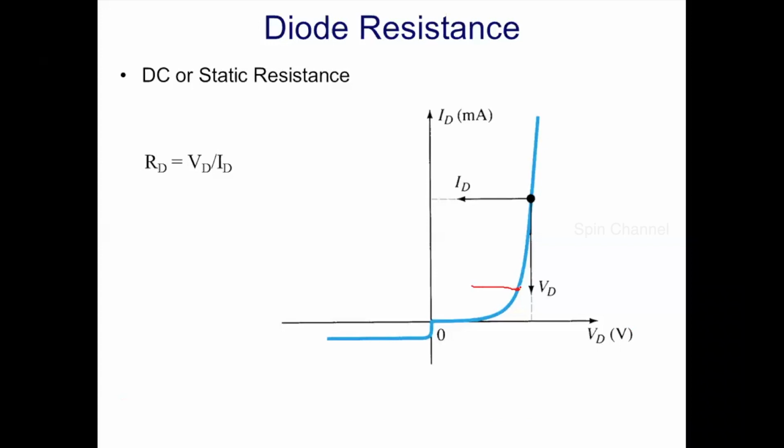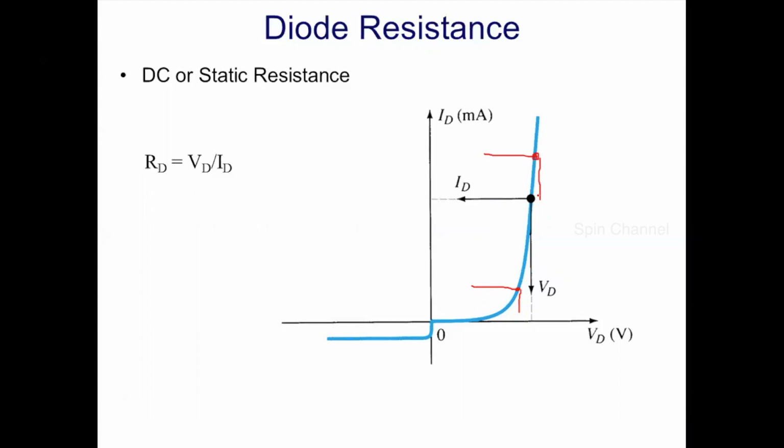This will give me a different value of ID and VD. Consider a point taken here. This will give me a different value of ID and VD. In all the 3 points, the resistance is not going to be the same. That is, it is not constant because of the non-linear nature of the diode. If a point is selected at a different region, then the resistance will vary.